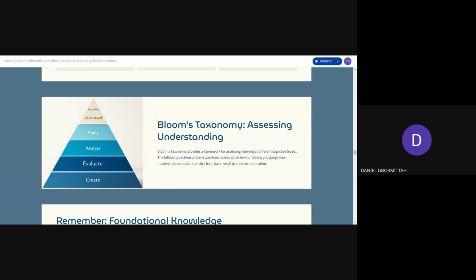The higher level is from down there, the student ability to create, then it reduces to evaluate, analyze, then apply. As you go up, the cognitive level of the questions reduces. You can turn it so that remember and understand will be at the bottom, with the highest being create.